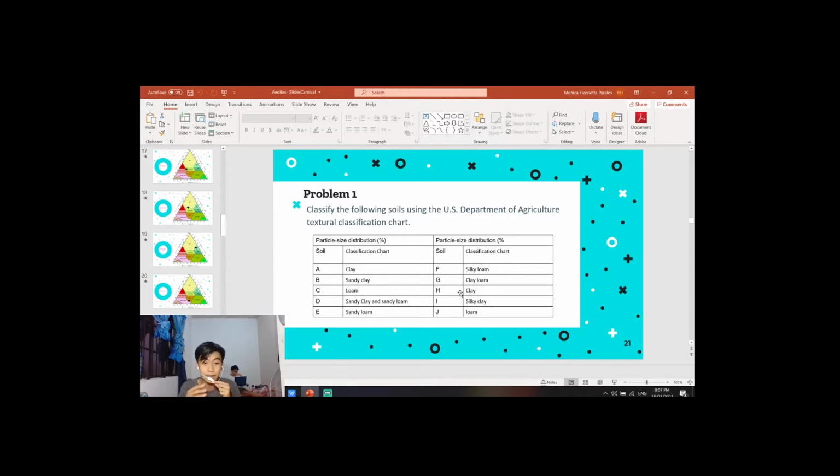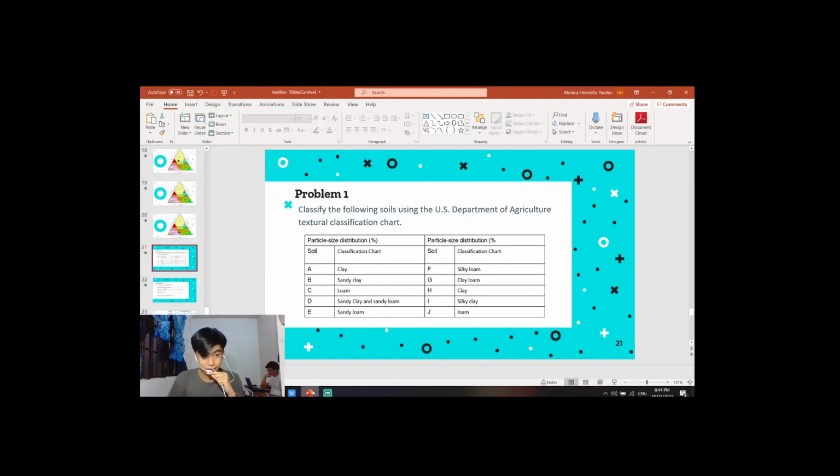So yung A natin clay, yung B natin sandy clay, yung C loam, and D yung sumakto sa boundary ng sandy clay and sandy clay loam. Then yung E sandy loam, yung F natin silty loam, yung G natin clay loam, yung H natin clay, and I is silty clay, and J natin is loam. So ngayon, nakuha na natin yung classification ng ating soil using the US Department of Agriculture Textural Classification Chart.